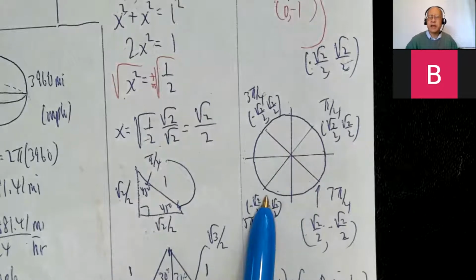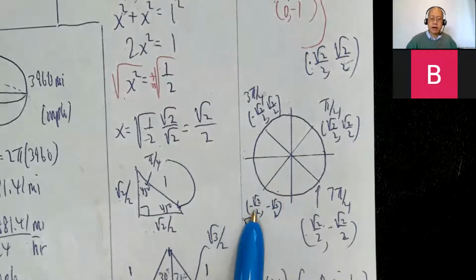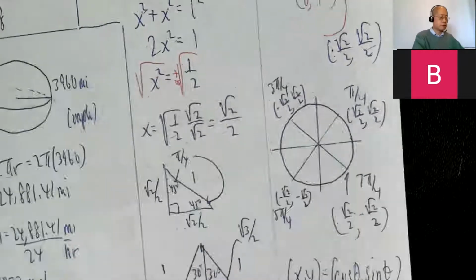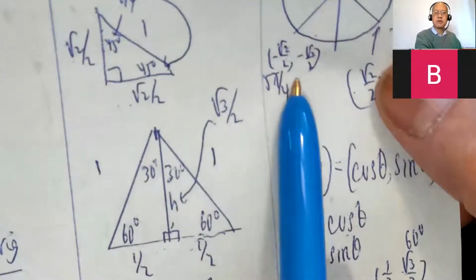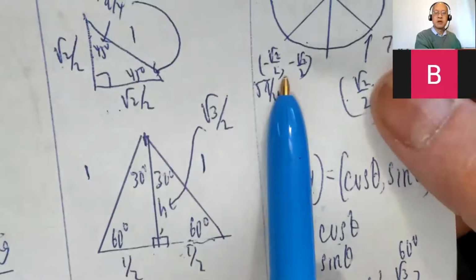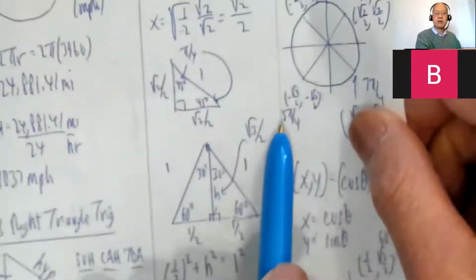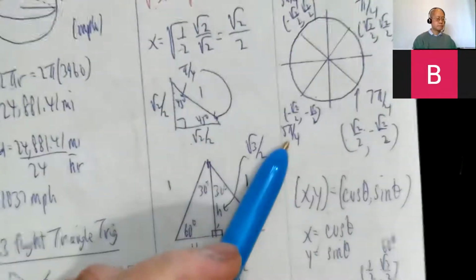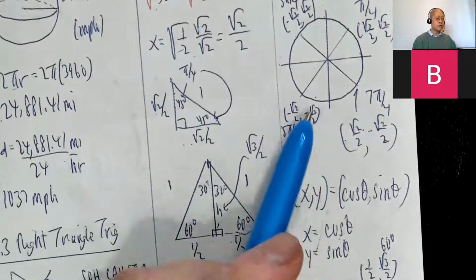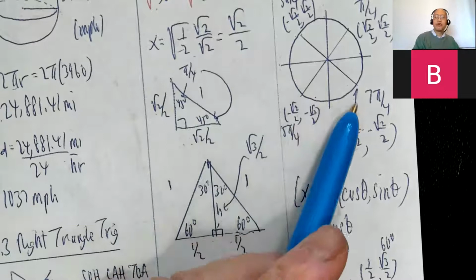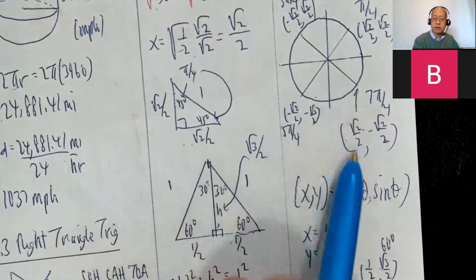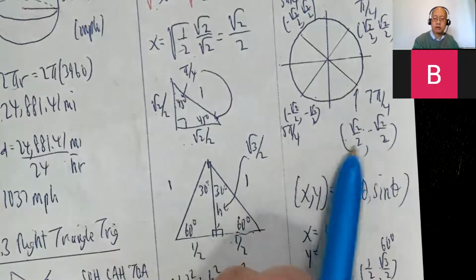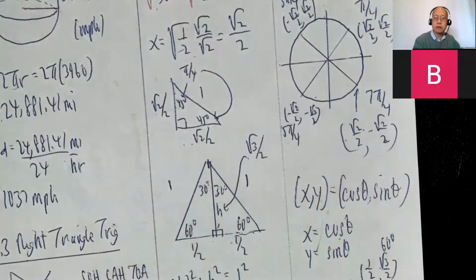Well, third quadrant, both x and y are negative. So minus radical 2 over 2, minus radical 2 over 2. I'm not sure you can see that. But these are both negative radical 2 over 2. And that angle is 5 pi over 4. And finally, quadrant 4. Quadrant 4, x is positive, y is negative. So positive, negative, radical 2 over 2, negative radical 2 over 2.